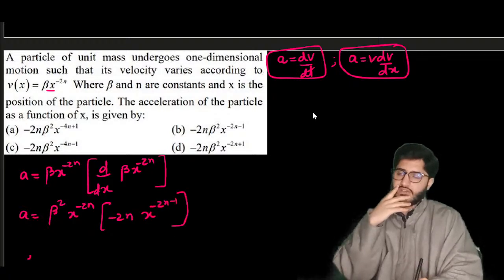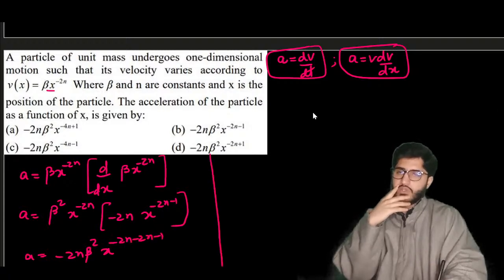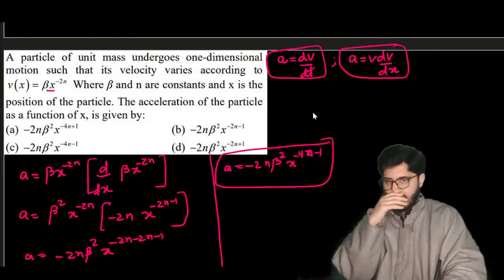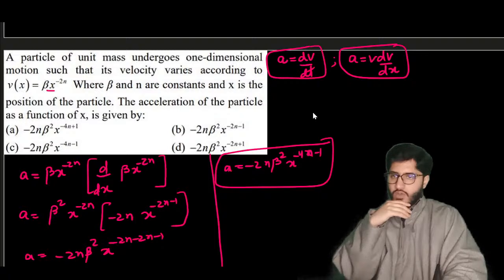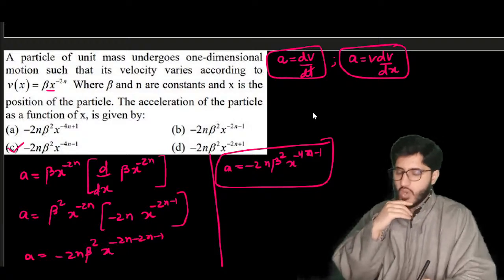So differentiation now. So a comes out to be minus 2n beta square x to the power minus 2n minus 2n minus 1. So a comes out to be minus 2n beta square x to the power minus 4n minus 1. Yeah, this is my correct option. So let's match it now. Minus 2n beta square x to the power minus 4n minus 1. Yes, this one, option C is correct.